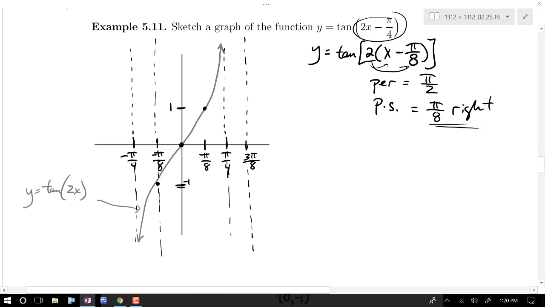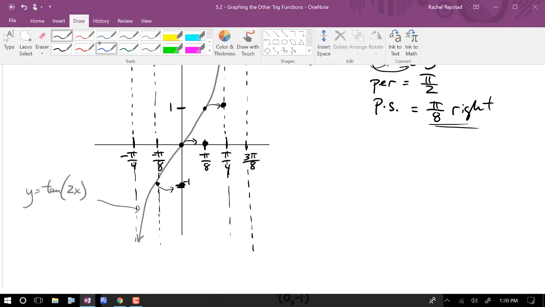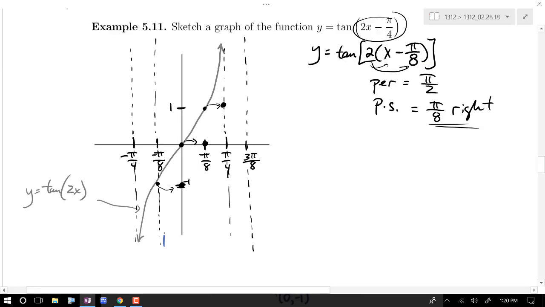My middle point then, the 0, 0, goes to pi over 8, 0. This point becomes 0, negative 1, and this point becomes 1 at pi over 4. Right, just sliding the whole thing over. So there's my graph in blue.